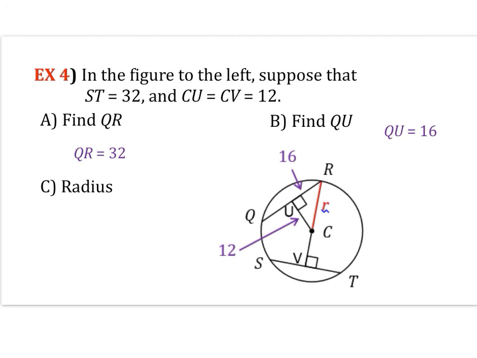So let's talk a little bit about how to find this radius. Notice on my image that I sketched in a radius, it's in red here, from the center C to endpoint R. And what this does is create a right triangle. So if I have this length being 16 and this length being 12, this is the hypotenuse of this right triangle that I've created, with the radius being our hypotenuse of the right triangle.